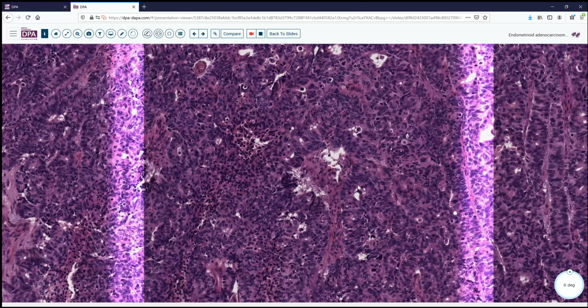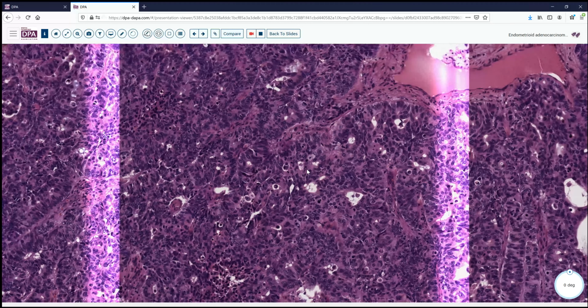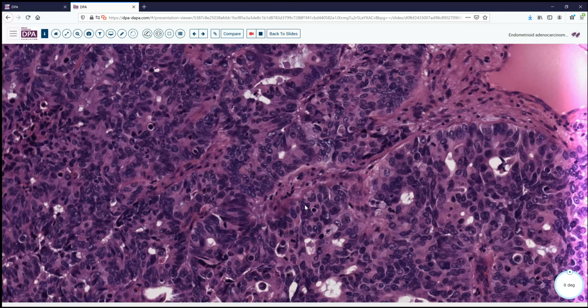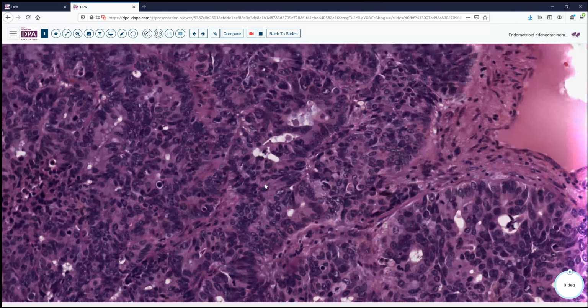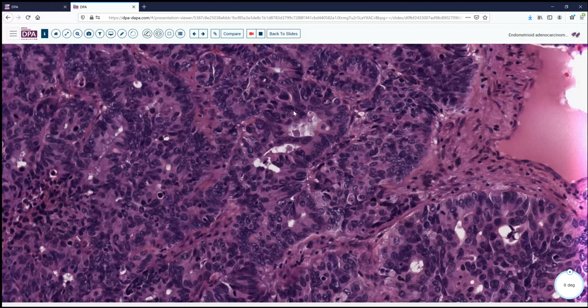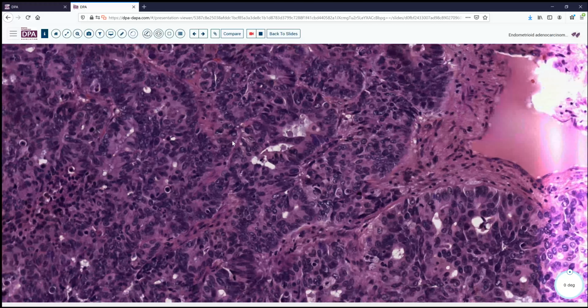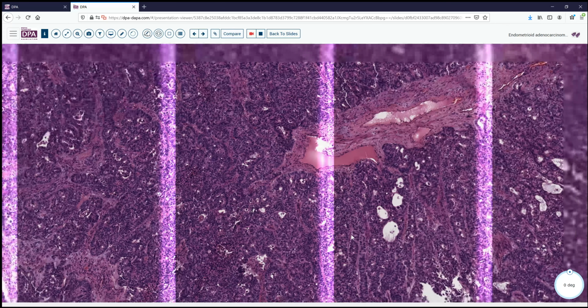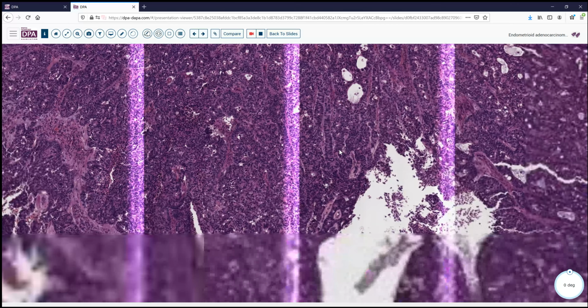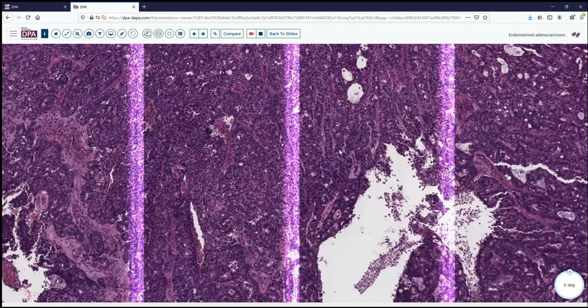If you were questioning, you could certainly do P53 and WT1 and various other markers for serous versus endometrioid, but this would certainly stain with markers characteristic of endometrioid adenocarcinoma. Probably not going to find much squamous metaplasia in this high-grade lesion as you do with the lower-grade lesions. But if you do, that's certainly very helpful as a marker for endometrioid differentiation.